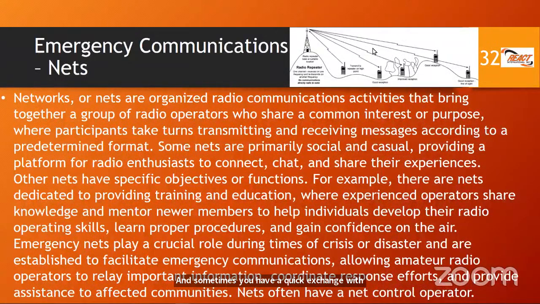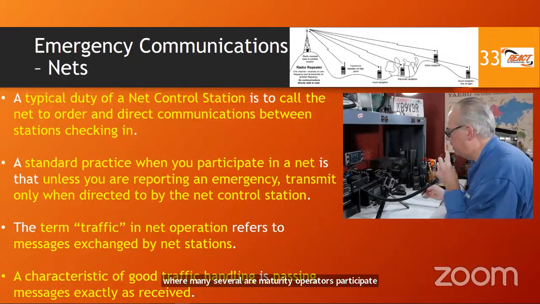So there are different types of nets, but we need to know that there are nets, or networks, set up on a particular frequency where several amateur radio operators participate in a little conference. For the exam, we need to know what a net control station's duty is.